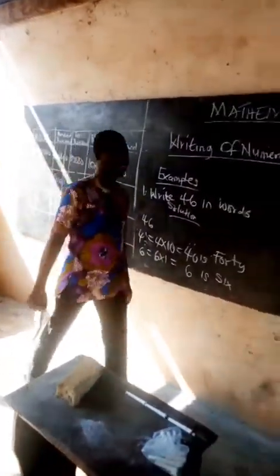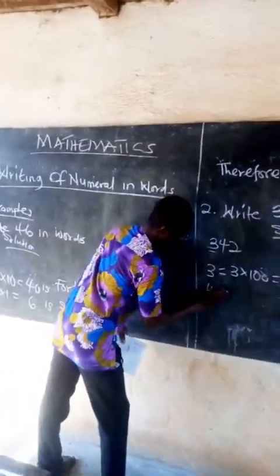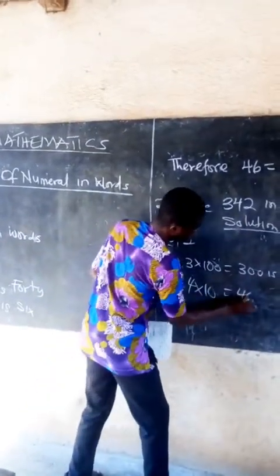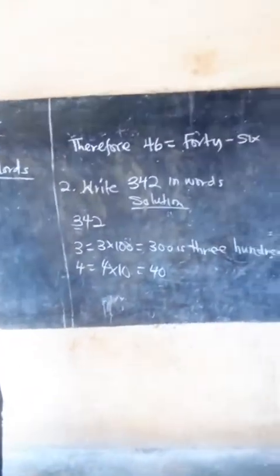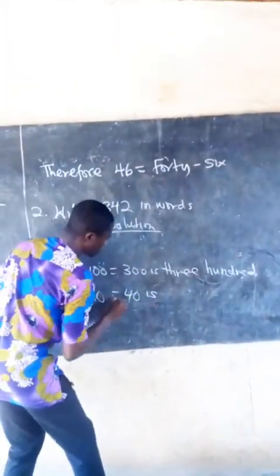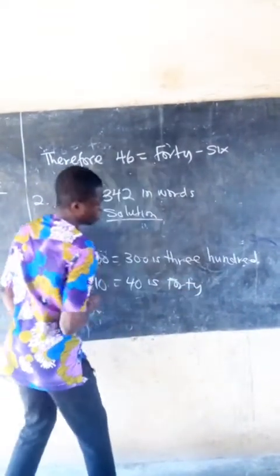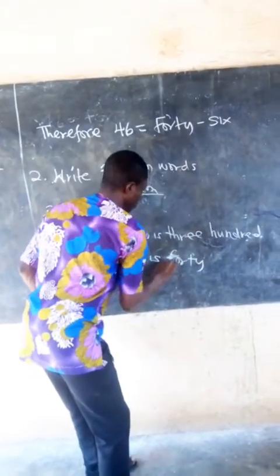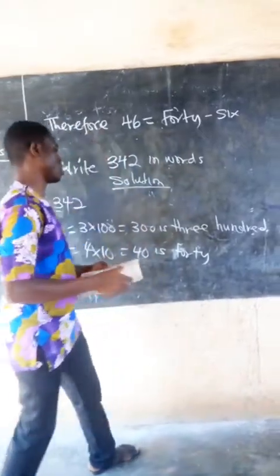So 4 is in tens, 4 times 10, which is 40, and it's written in words like this: forty.